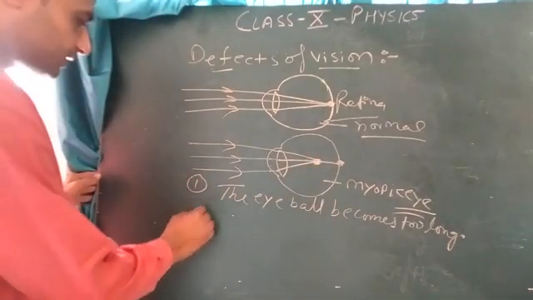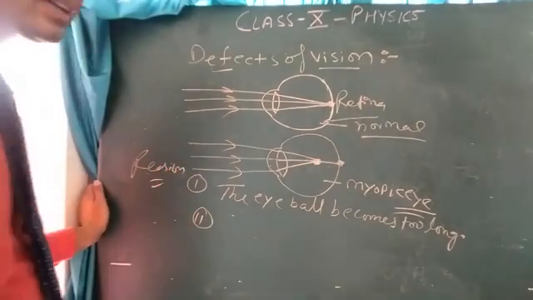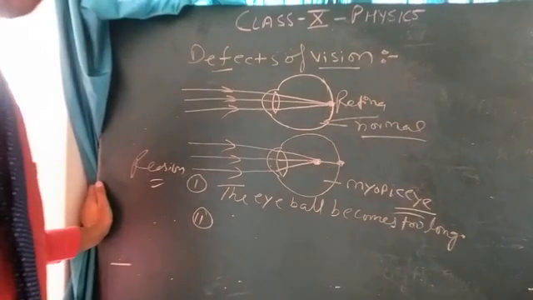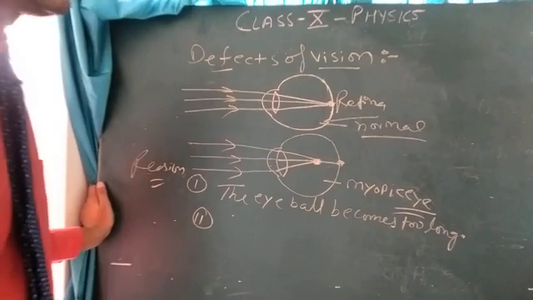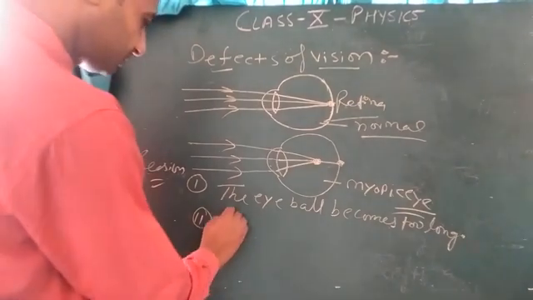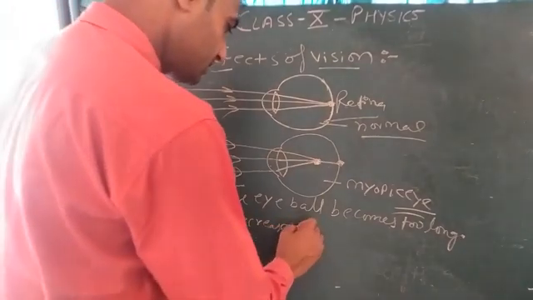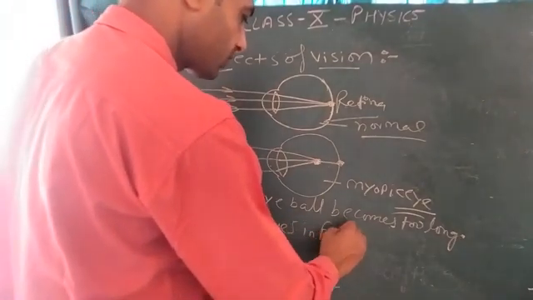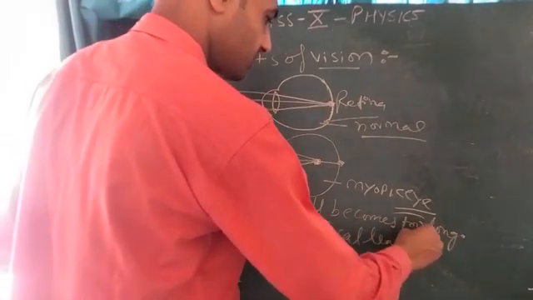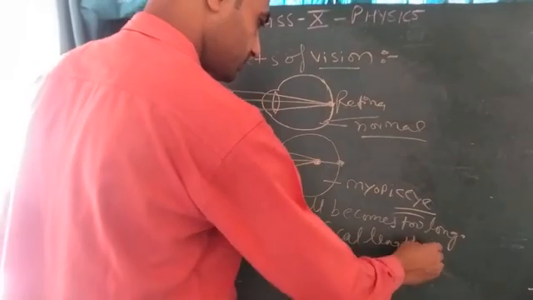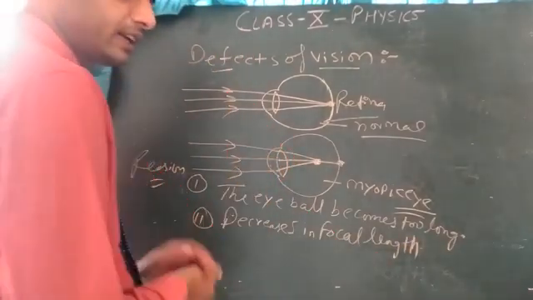And the second reason is decrease in focal length. This may be the second reason. Decrease in focal length of the eye lens.